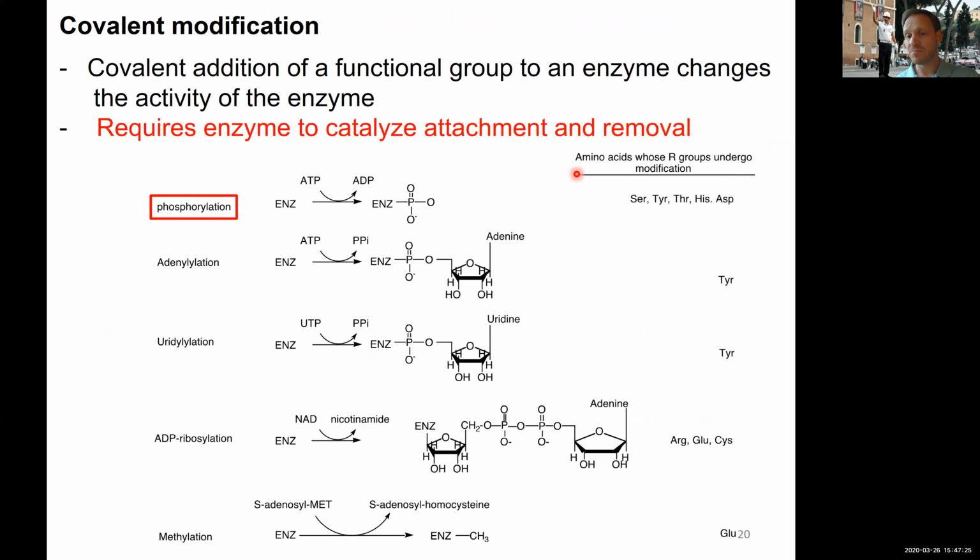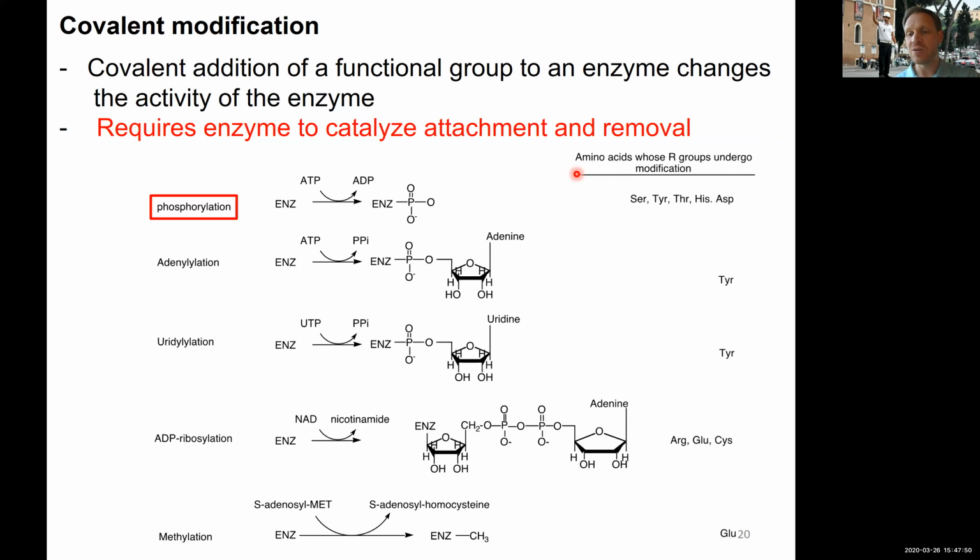So this covers the allosteric regulations. Now let's look at the other type of regulation, the covalent modifications. Unlike our allosteric regulators, these are modifications that really do covalent additions of a functional group in an enzyme. So we're actually making concrete changes to an enzyme.